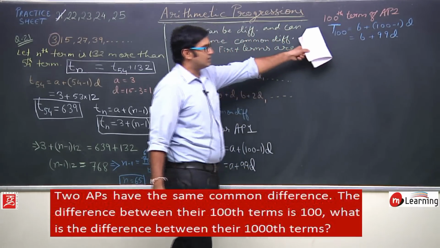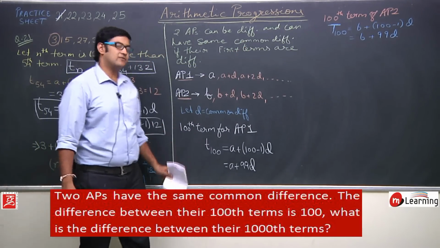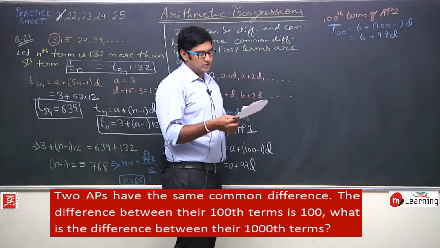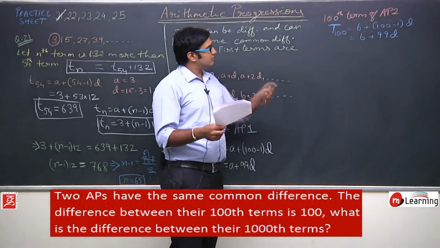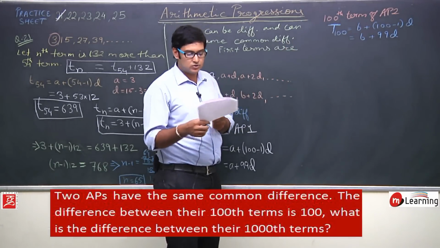Okay, this is T100 for the second AP, and this is t100 for the first AP. Now it is given that the difference between the 100th terms of these two APs is equal to 100.